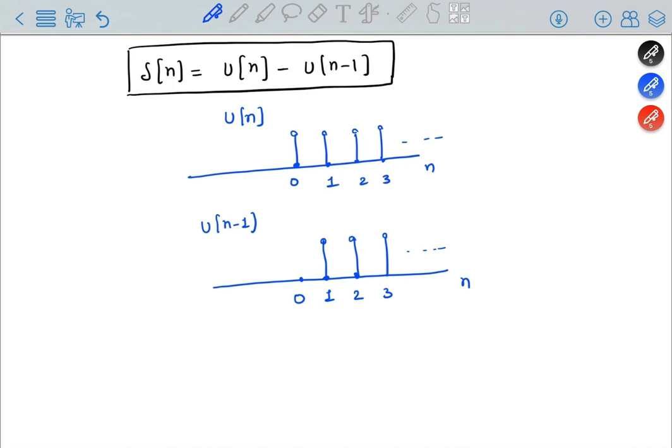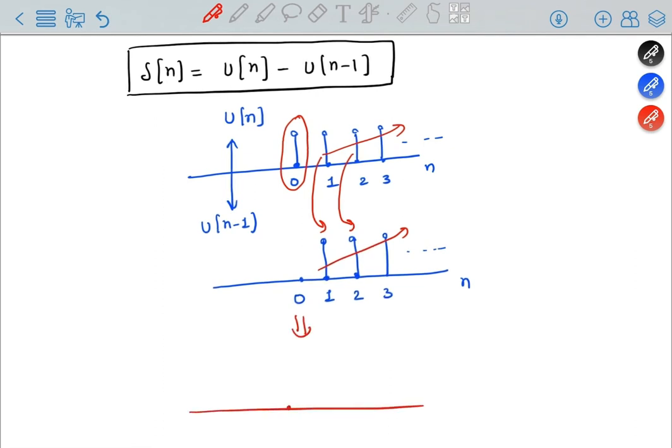When we take the difference between u of n and u of n minus 1, what will happen? This signal will be subtracted by this, and all these values will vanish. Only the value at n equal to 0 will be left. So what will we get at the output?